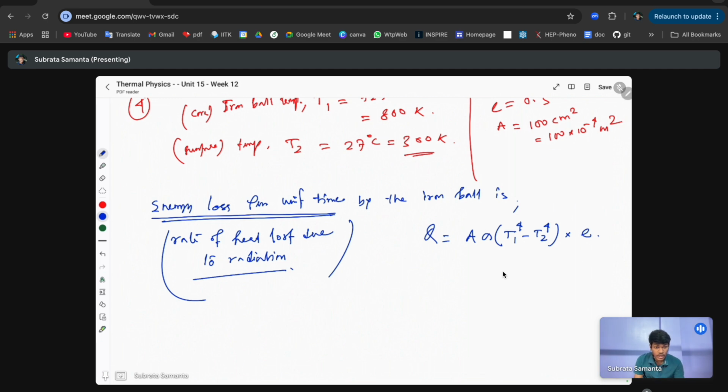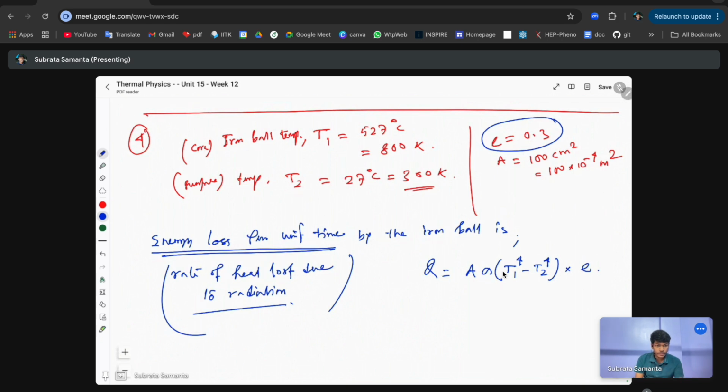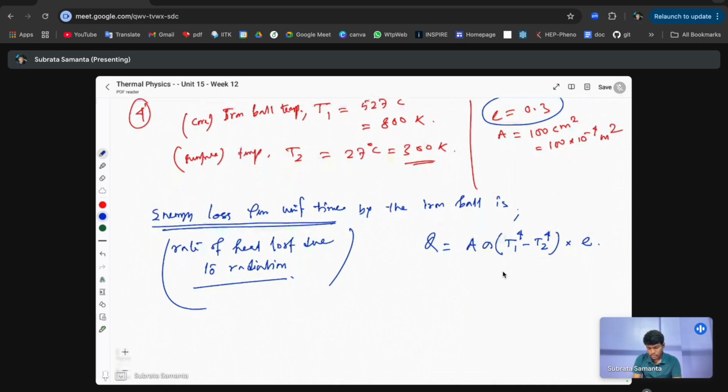Because the emissivity of the iron ball is given as 0.3, not 1. So then we put everything in SI units. The value of Q is: A is the area, 100 times 10 to the power minus 4, and sigma in SI units is 5.67 times 10 to the power minus 8 watt per meter square per Kelvin to the power 4.